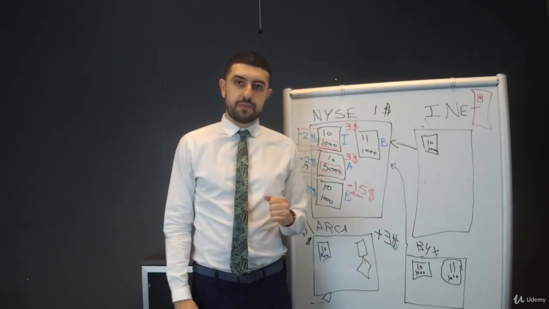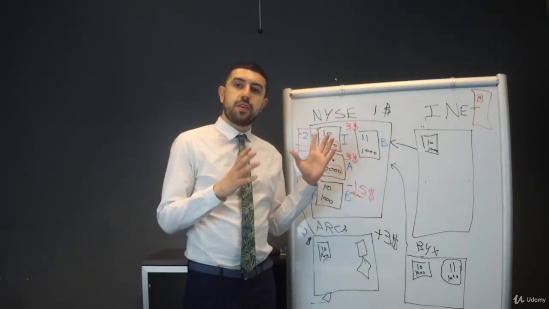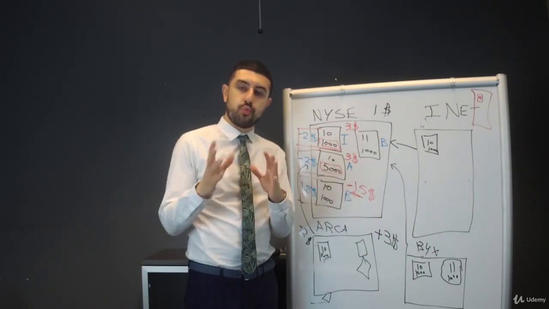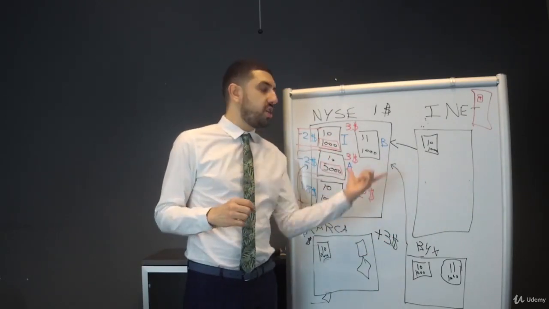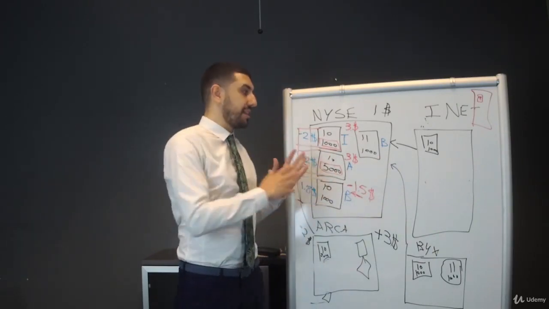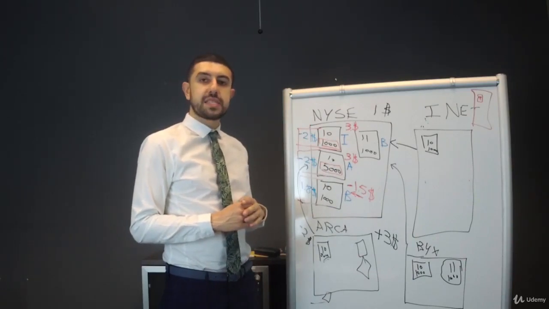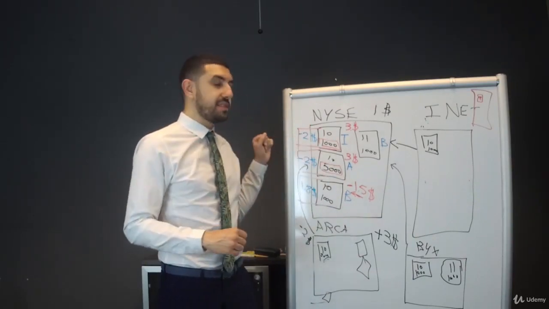Now let me ask you this. How do you think the bank's smart order router or your broker's smart order router decides on which ECN to buy at? If you want to buy the stock at $10, where do you think they're going to select? How do you think they're going to select the ECN for you?